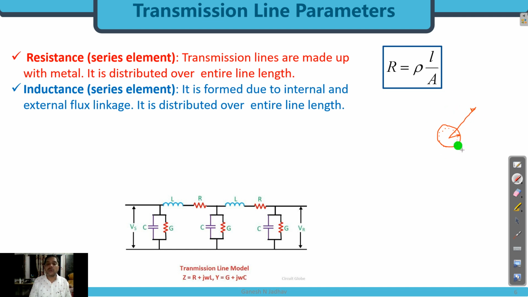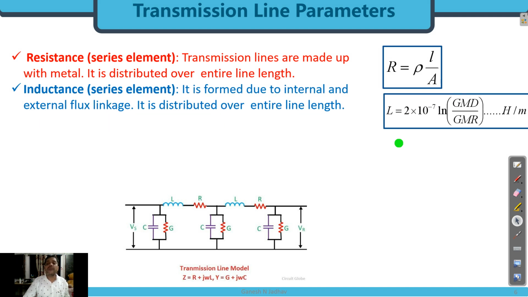So it affects the internal flux and also the external flux. Suppose two conductors are there, then they have two flux linkages, one is the internal flux linkage and one is the external flux linkage. Due to this internal and external flux linkage, we have studied the calculation of the inductance.